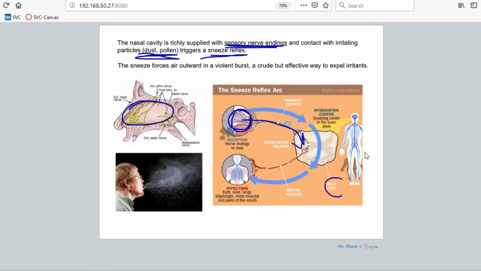Not sure where this occurs in the brain stem, but this is the sneezing center. And what does it do? It activates motor neurons that activate muscles that are going to cause the sneezing. And what are we doing here? Well, we're eliminating whatever that irritant is out of the body. So it's a crude but effective way to eliminate these things from the nasal cavity.